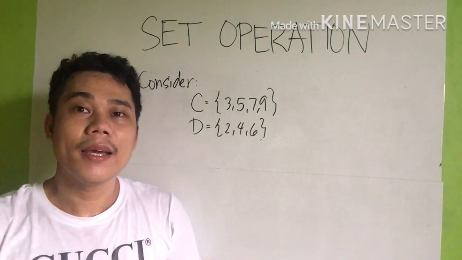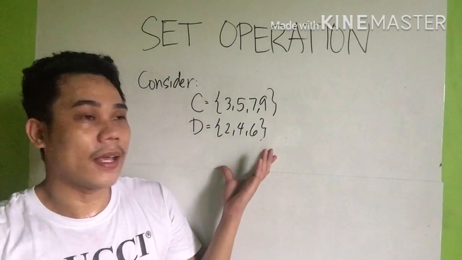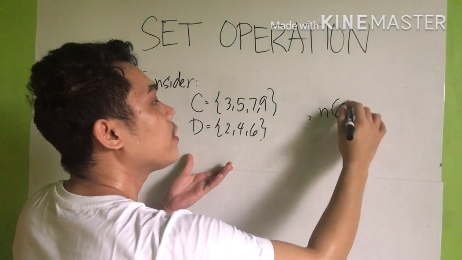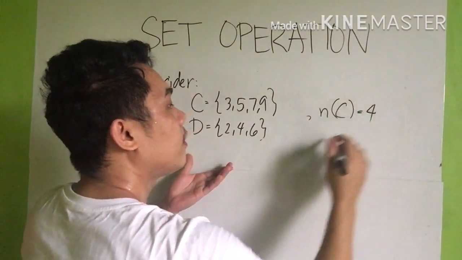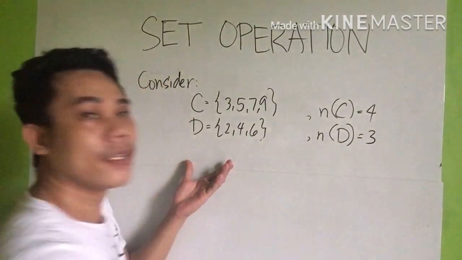Let us now apply PIE on these sets. The cardinality of our C is 4. The cardinality of our D is 3.